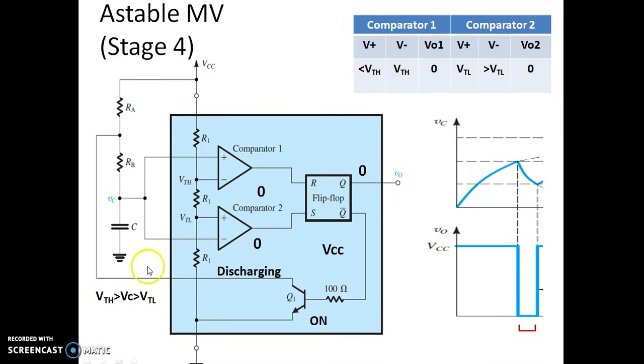As we know, since the VC has gone below VTH, the V plus of the first comparator is less than VTH, whereas V minus is at VTH, so the output of the first comparator becomes 0. Now the second comparator output voltage is also 0. Since it is 0, 0, we know that the flip-flop remains in the previous state. The previous state was 0, it continues to be in the 0 state. So the capacitor is still discharging.